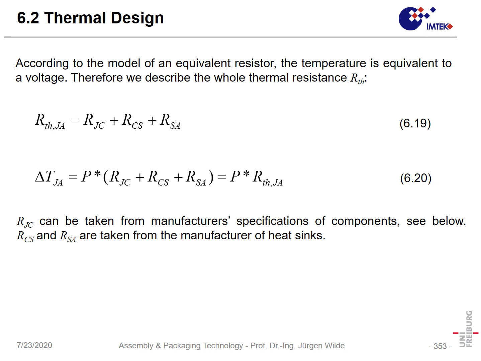Now the trick is, these resistances are not so hard to get. For instance, junction case is often taken from manufacturer's specification of devices, and the resistance case to sink and the resistance sink to ambient can often be taken from the data sheets of manufacturers of heatsinks.